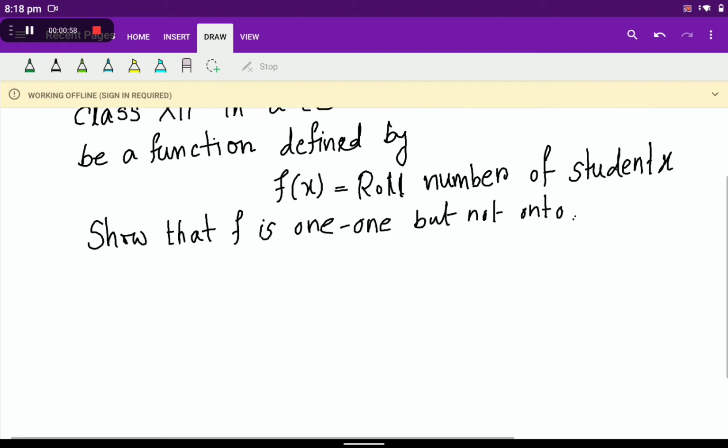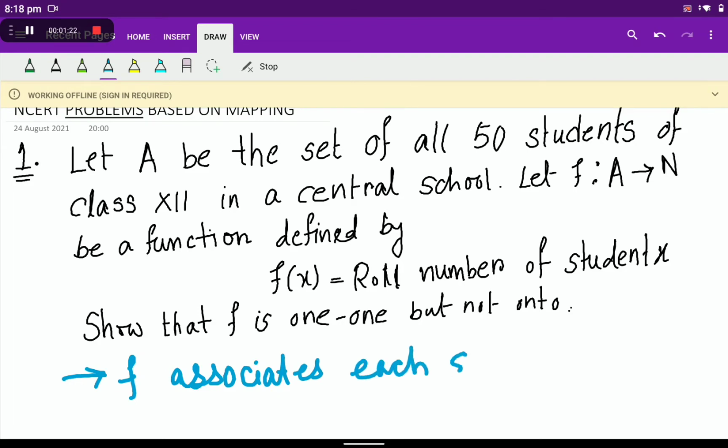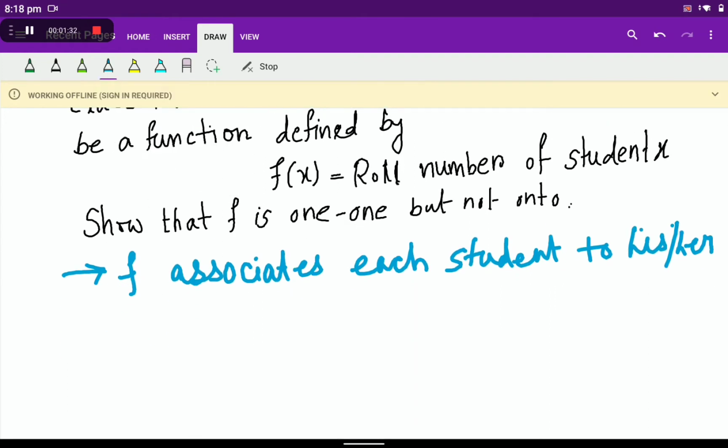First, f associates each student to his or her roll number, because f of x is the roll number of student x.